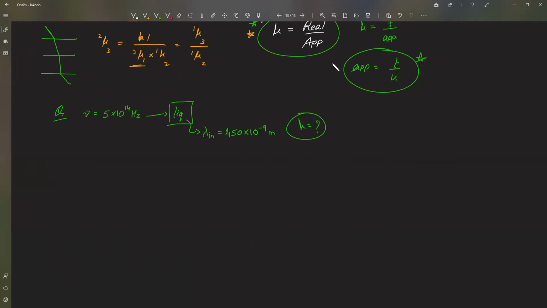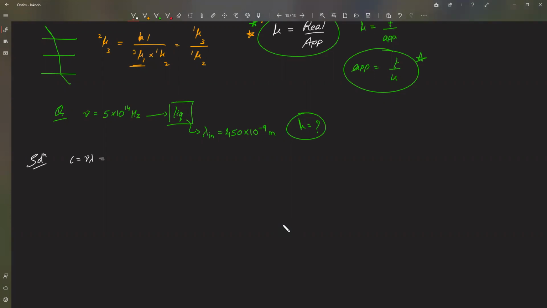Can you give it a try? What did you get? 0.75. Your approach? C is equal to frequency into lambda. Correct.